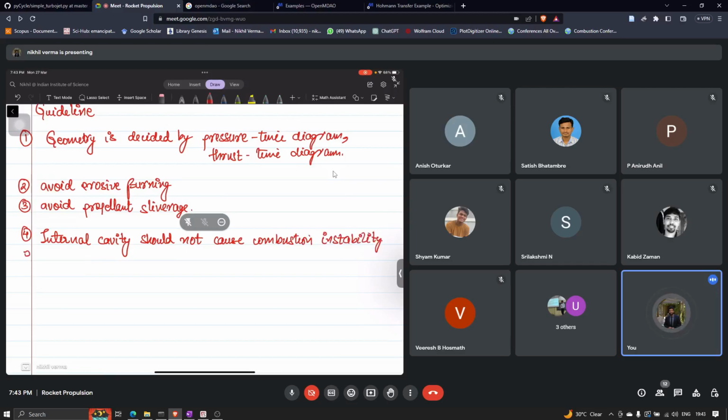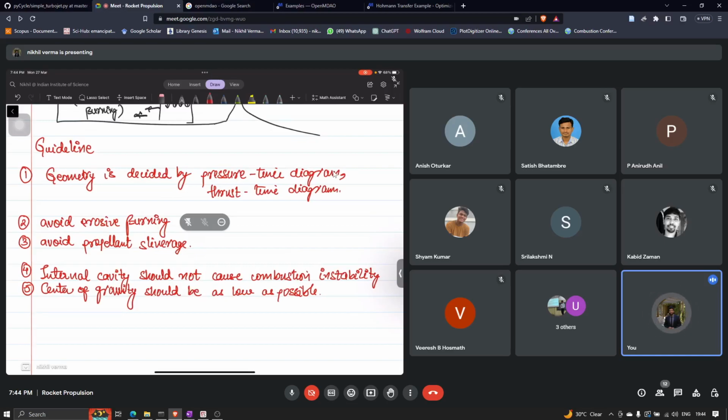And the fifth one is the center of gravity should be as low as possible. Okay, so these are some of the guidelines which are taken into account while you design a solid rocket booster.